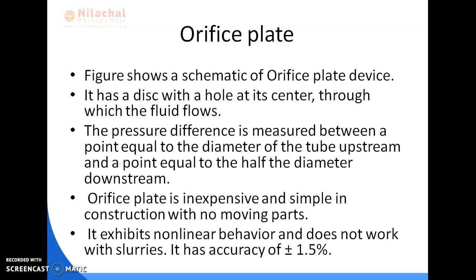Orifice plate is very cheap, or we can say inexpensive, and very simple in construction, and it has no moving parts. It exhibits non-linear behavior and does not work with slurries. It has an accuracy of plus or minus 1.5%.